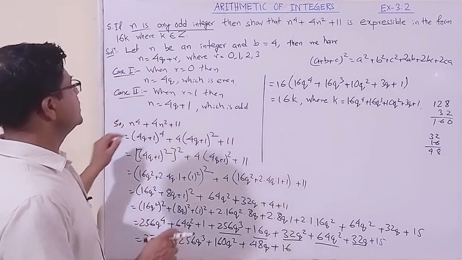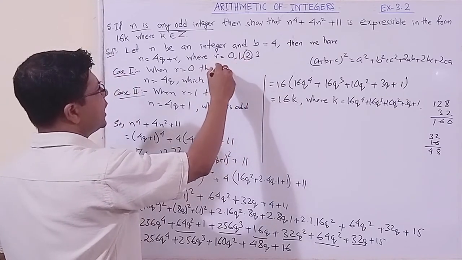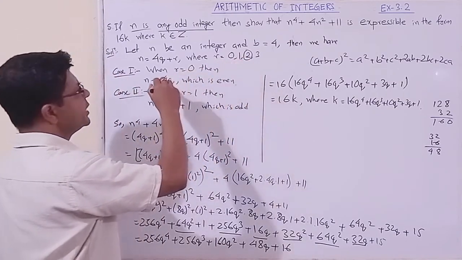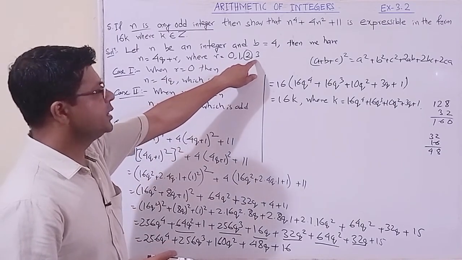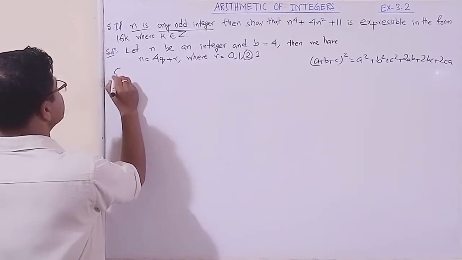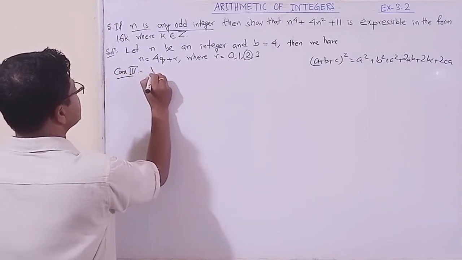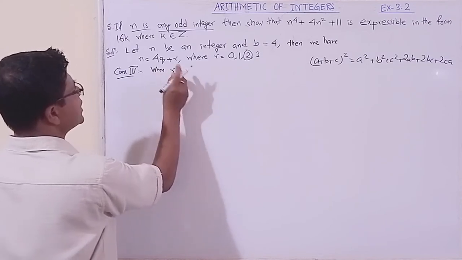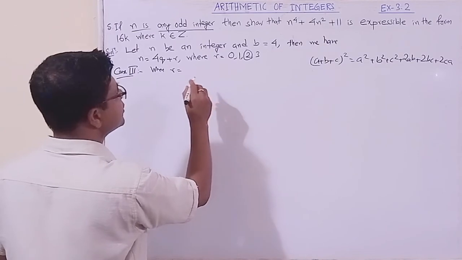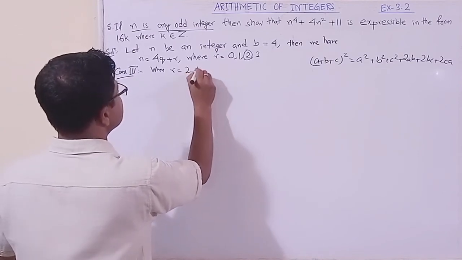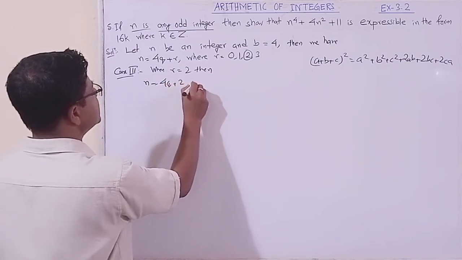Now let us move to the next case. Here you see, we will not do this, because when r is equal to 2, the number is even. Then we will take directly the case when r is equal to 3. Case 3: at first I thought that I will reject it, but I will show you, because some of you may be confused. When r is equal to 2, then n is equal to 4q plus 2, which is even.